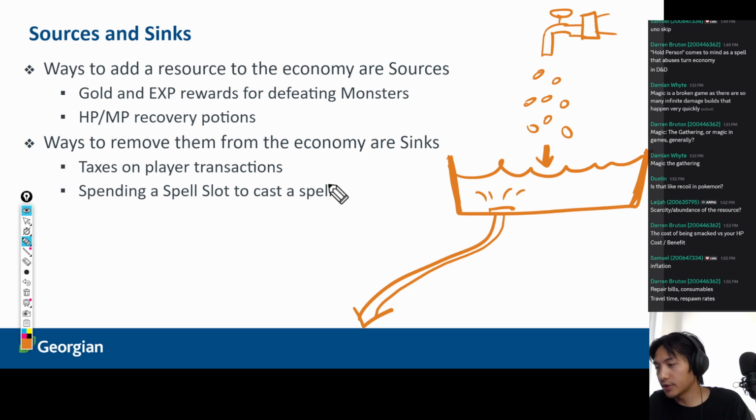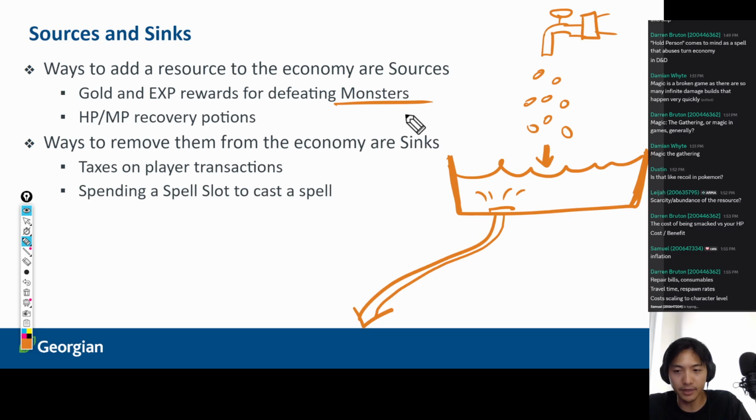So examples in this MMORPG case where you're printing money by defeating monsters: tax players whenever they make transactions with shopkeepers, whenever they make transactions with each other, right? Charge them some money, and that money isn't going anywhere. That money is just getting straight up deleted, because they are printing money by killing these monsters. These monsters spawn with money.